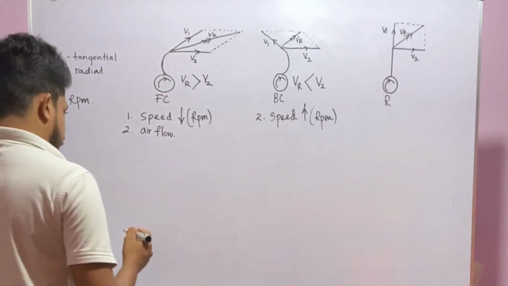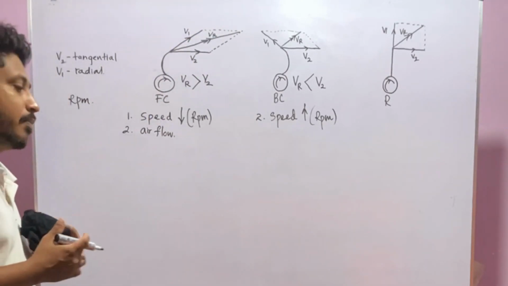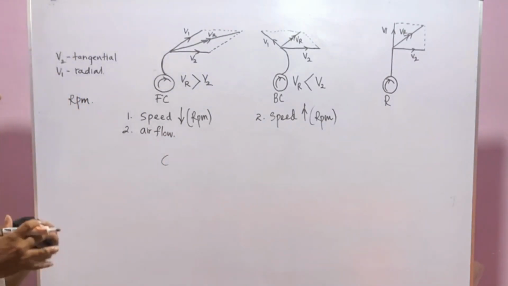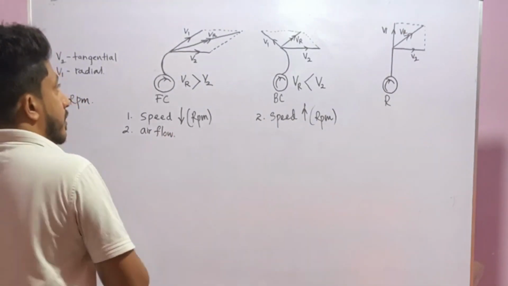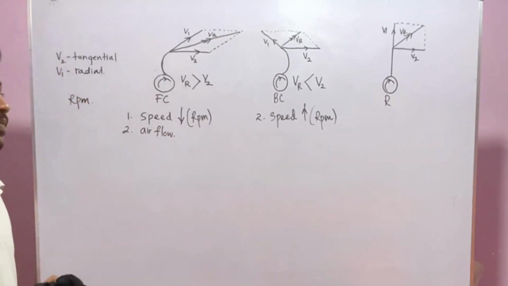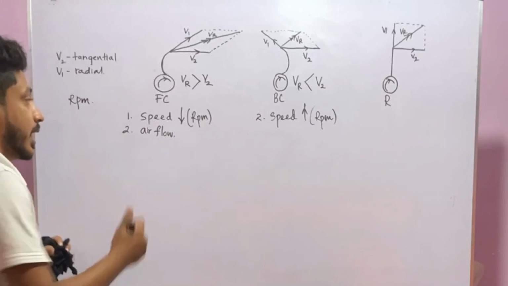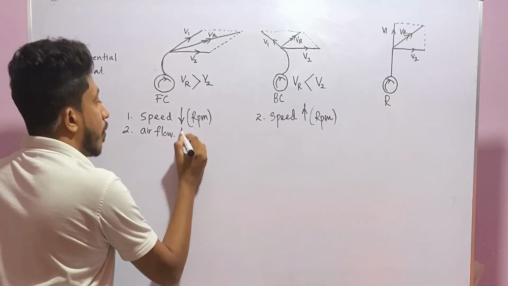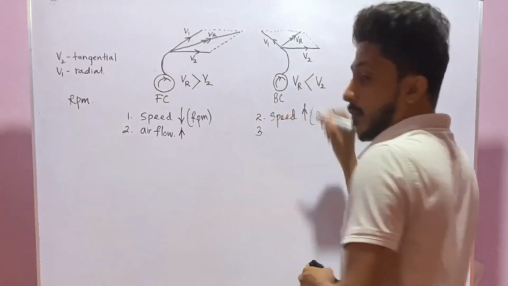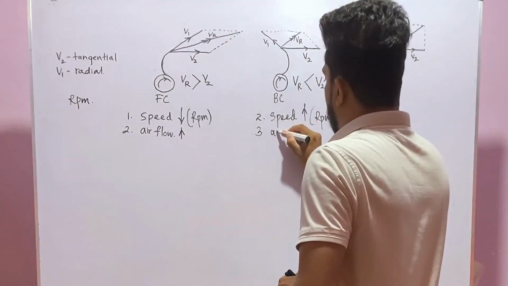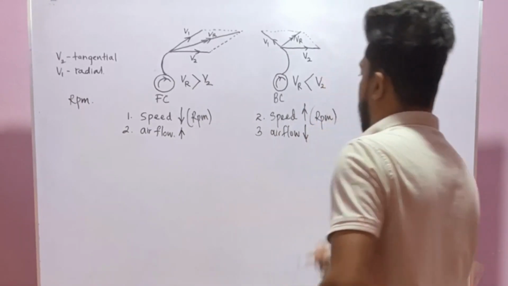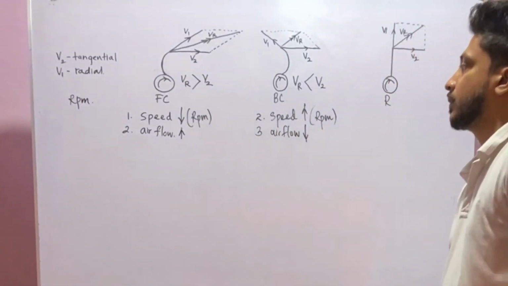Airflow means how much air volume will be handled per one minute. So as the velocity is higher, higher volume will be handled. That means airflow is greater compared to the backward curve fan. Airflow is low here. Okay.